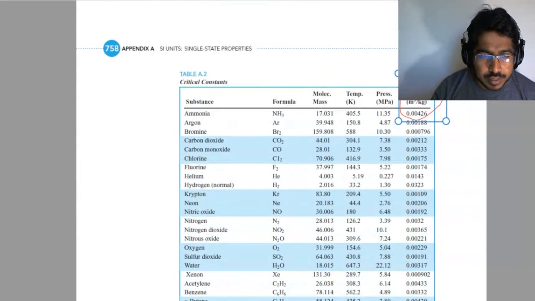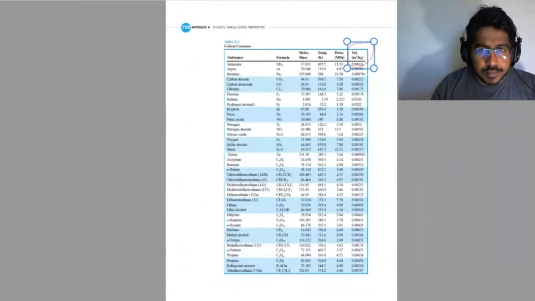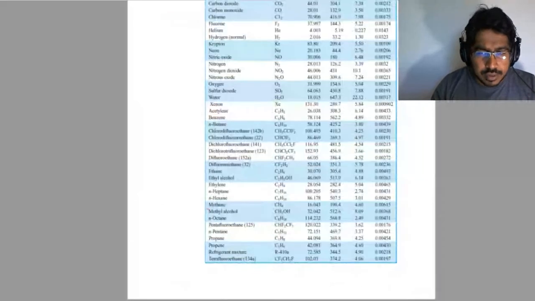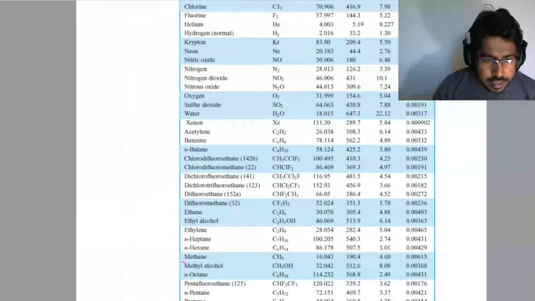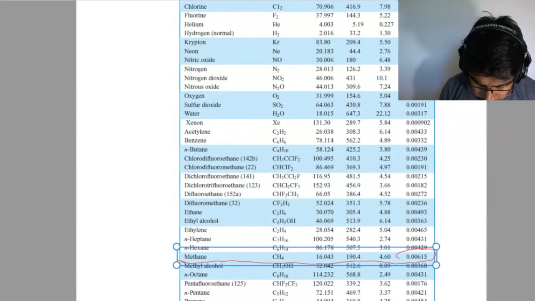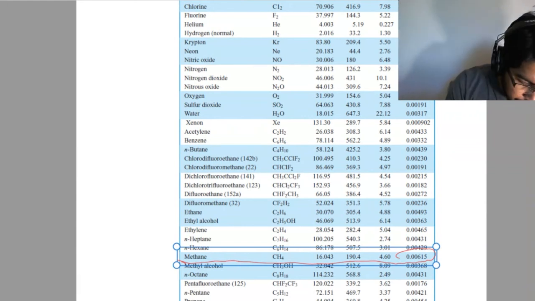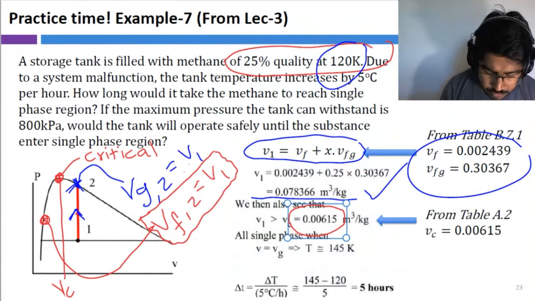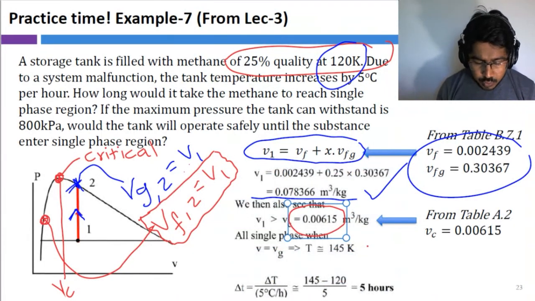So we go to our substance of interest, methane, and pick the value in the last column, 0.00615.